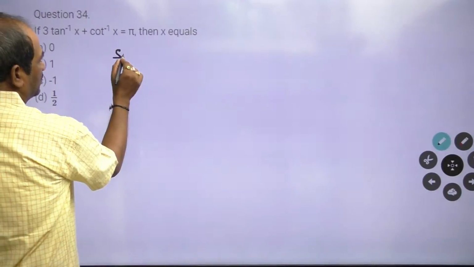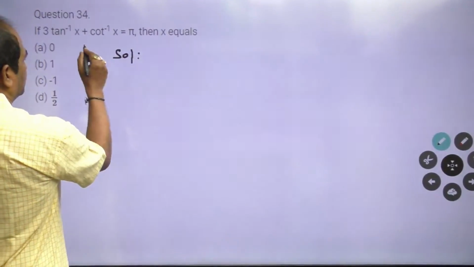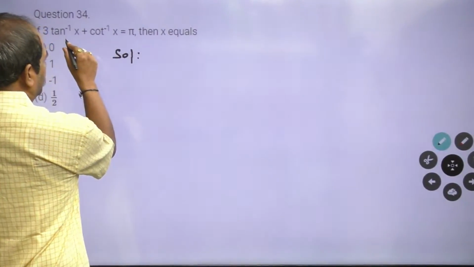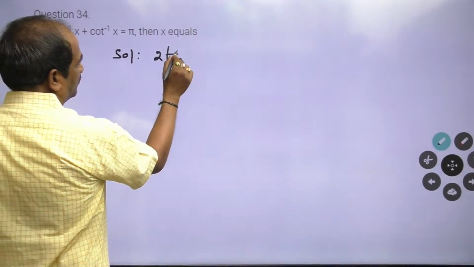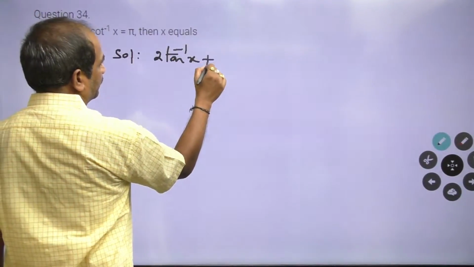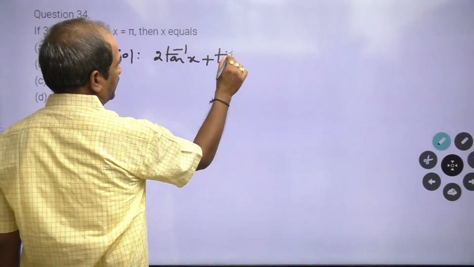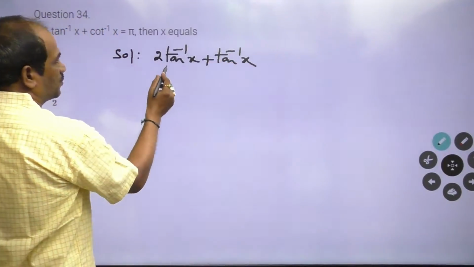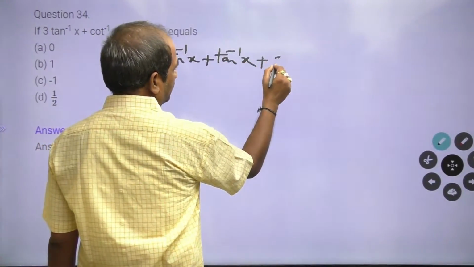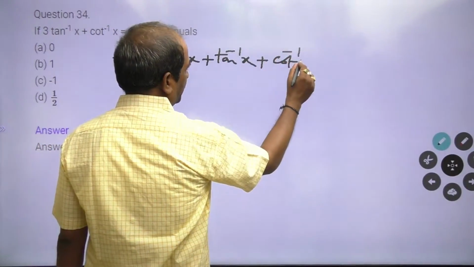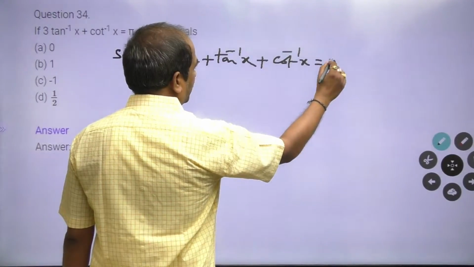In this solution, first take 3 tan inverse x. 3 tan inverse x is 2 tan inverse x plus tan inverse x, plus cot inverse x, is equal to pi.